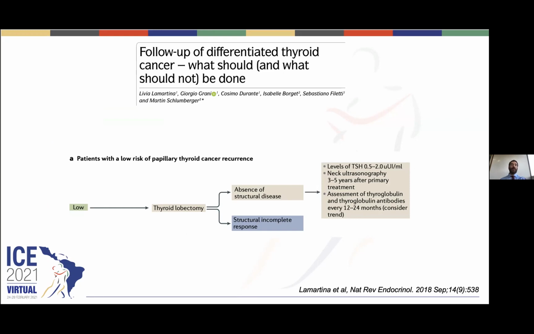And probably the most important thing of the thyroglobulin and the antibodies is the trend. These patients should have TSH level between 0.5 and 2, and we probably will consider this patient who has the other lobe of thyroid to have a neck ultrasonography every 3 to 5 years after the initial treatment.